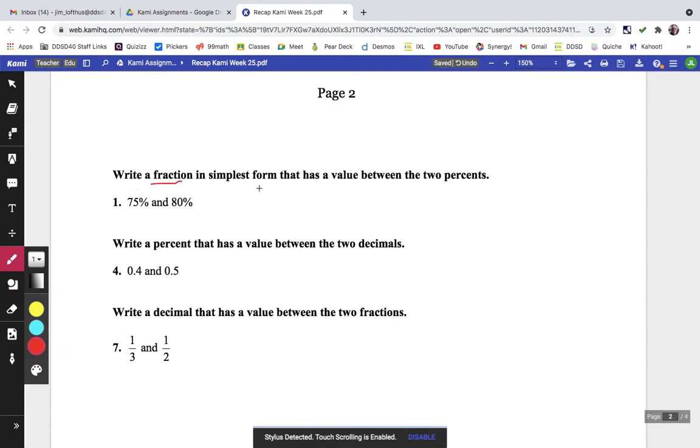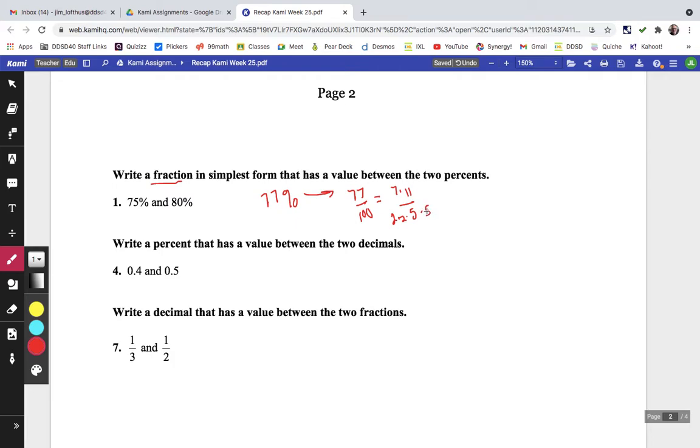value between the two percents, 75% and 78%. Something that comes between those two is 77%. And I chose that because when I change this to a fraction, which is 77 over 100, I know I won't have to simplify it because 77 is 7 times 11, and 100 is 2 times 2 times 5 times 5.